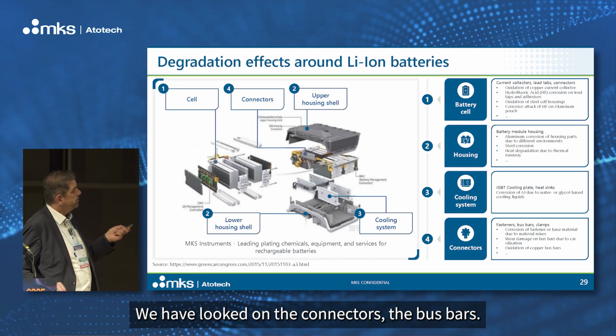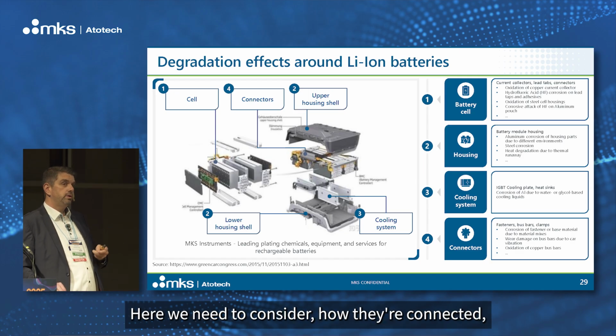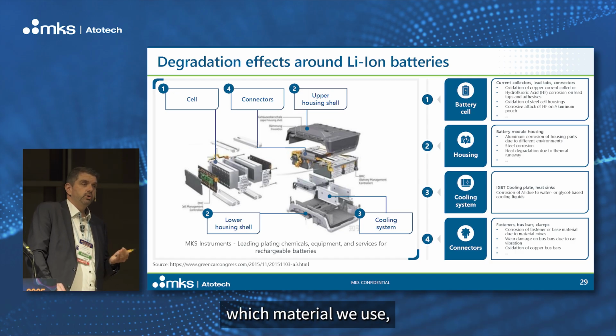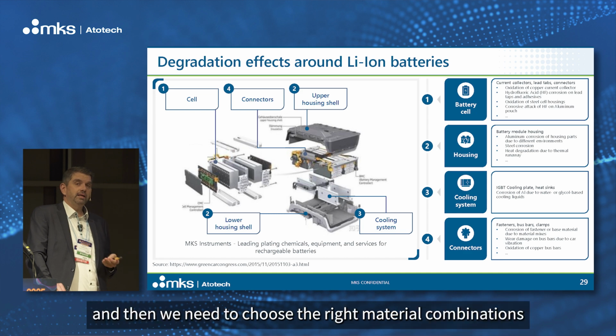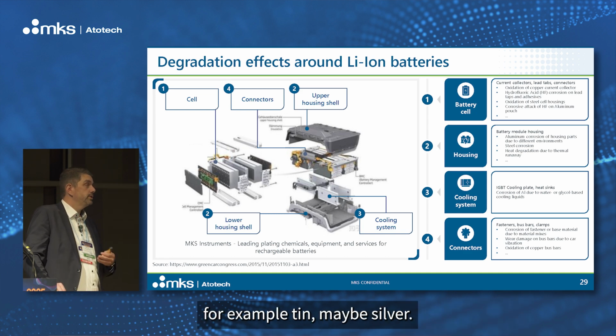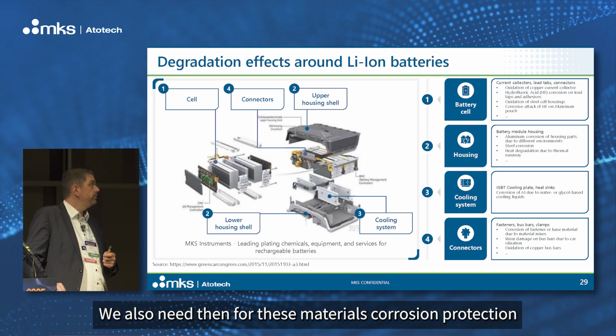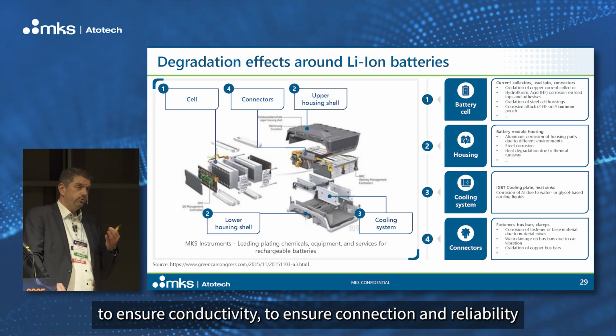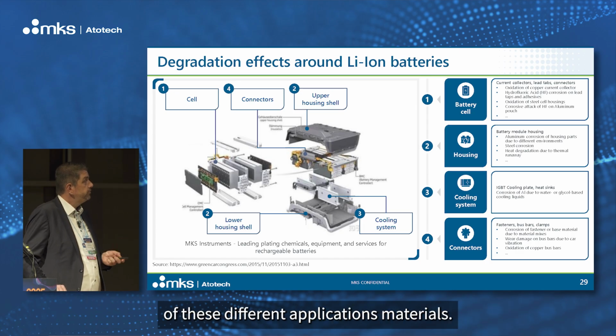We have looked at the connectors, the busbars. Here we need to consider how they're connected and which material we use, and then choose the right material combinations, for example tin, maybe silver. We also need corrosion protection for these materials to ensure conductivity, connection and reliability of these different applications.